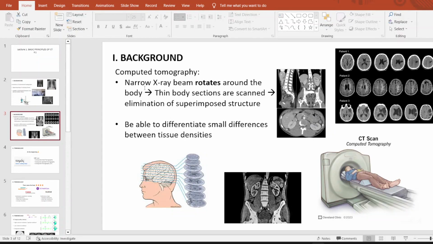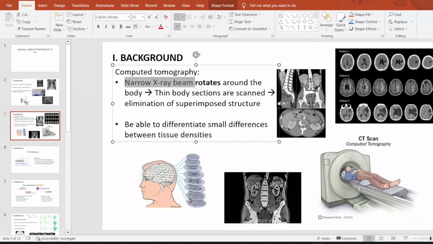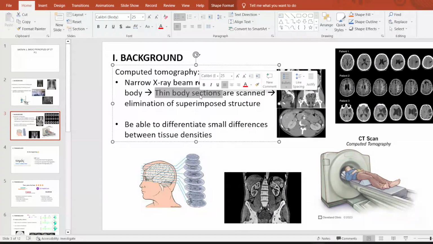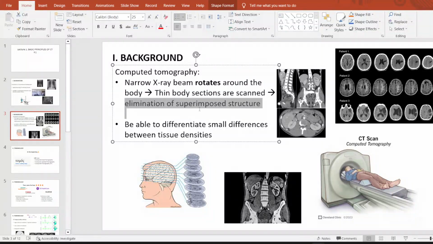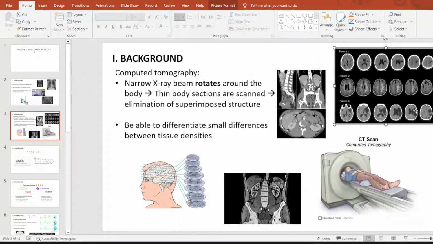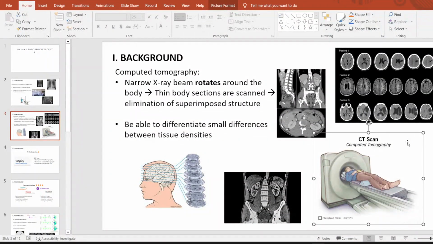In short, computed tomography, CT, has a narrow X-ray beam that rotates around the body. So this means every single view of our body sections is scanned, and this leads to the elimination of superimposed structures. You can see the brain images right here, which is a good demonstration of what I just told you.